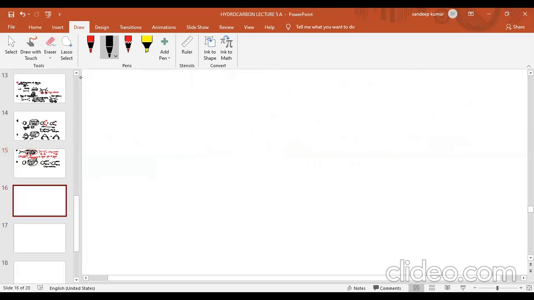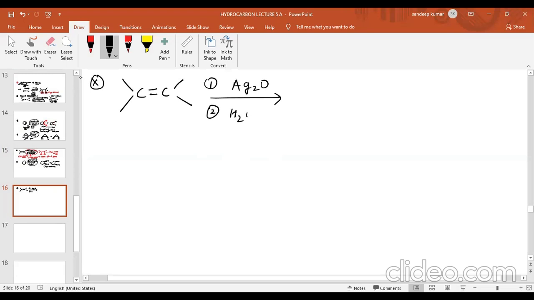If the reagent is given like this, now see the next reaction of hydroxylation. If hydroxylation takes place in presence of another catalyst, which is Ag2O. Which catalyst is present? Ag2O in first step, and in second step there is hydrolysis.